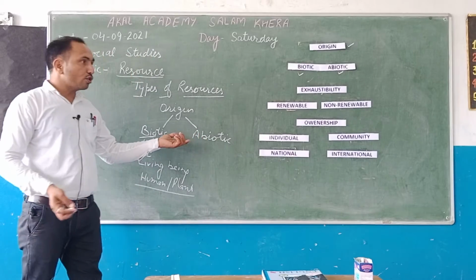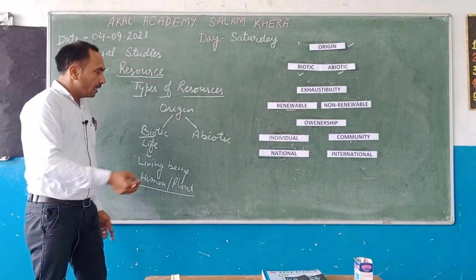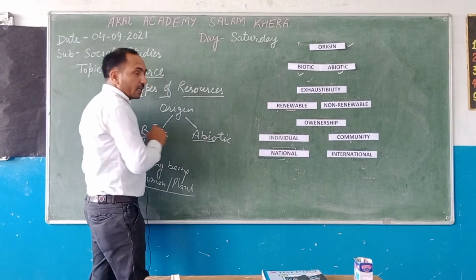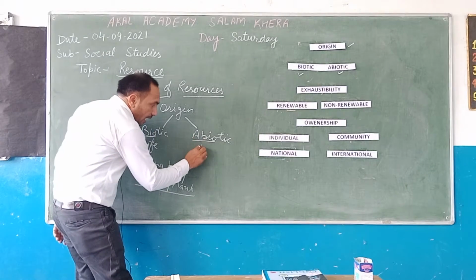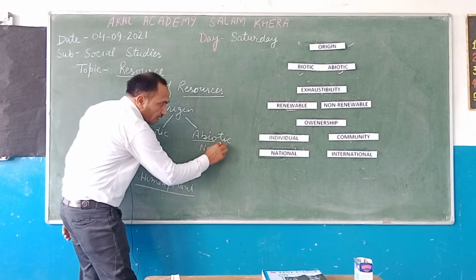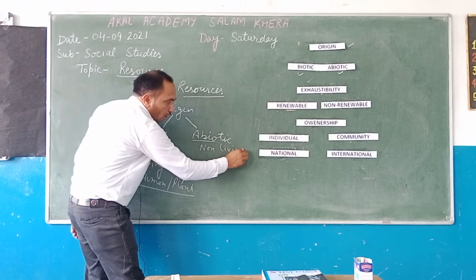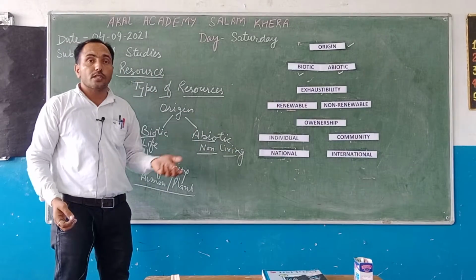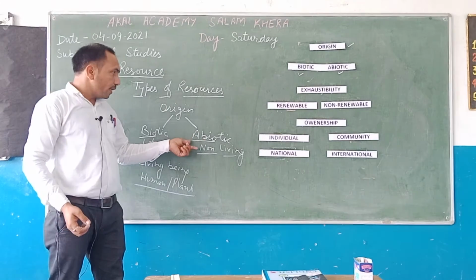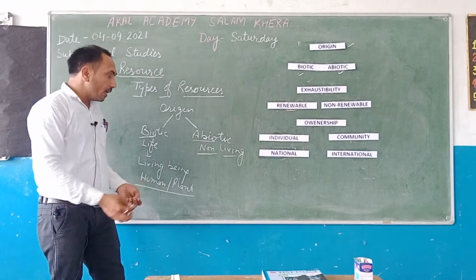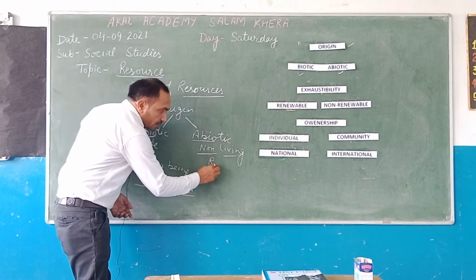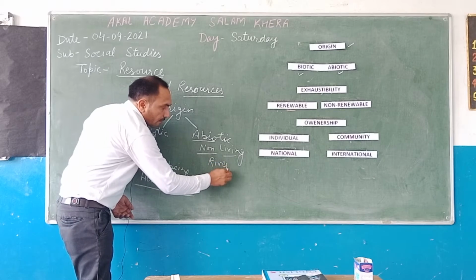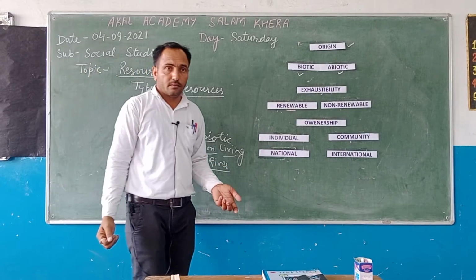The second category of resource is abiotic. It is the opposite of biotic. These are the non-living things. All non-living things are under the abiotic resources. As an example, we can give river water.